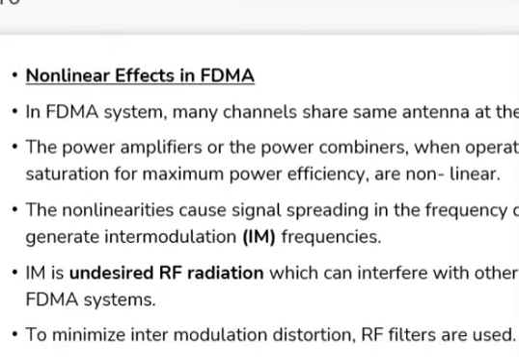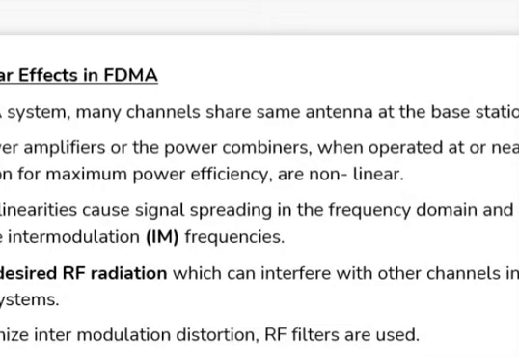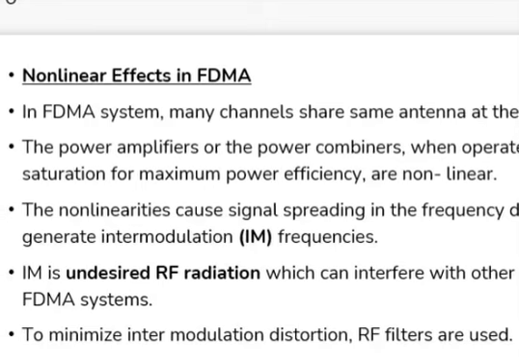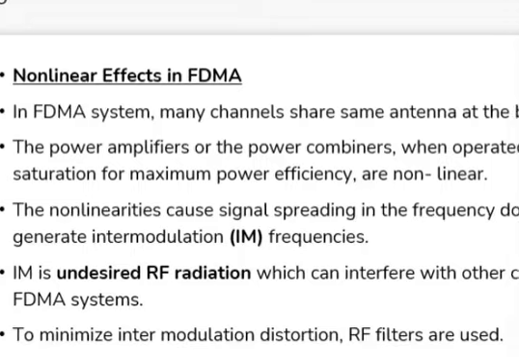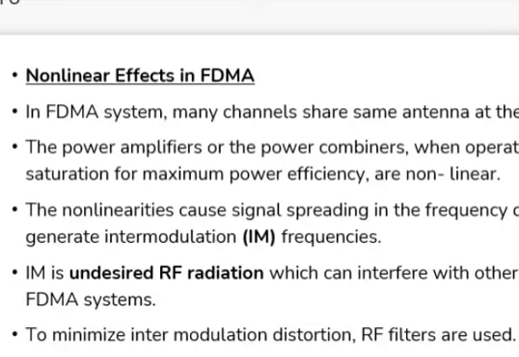Nonlinear aspects of FDMA. In FDMA, many channels share the same antenna at the base station. So the power amplifiers and power combiners, when operated at or near saturation for maximum power efficiency, are non-linear.